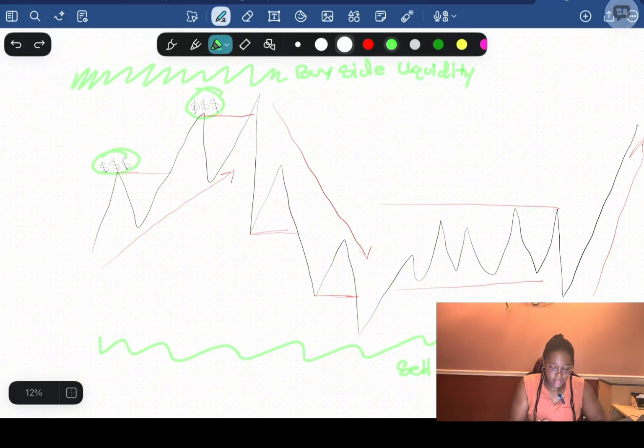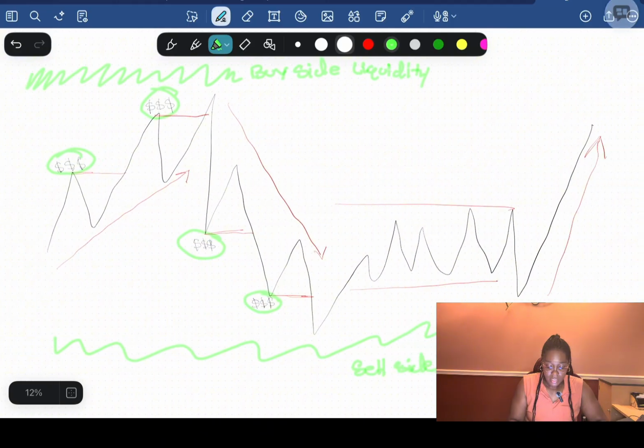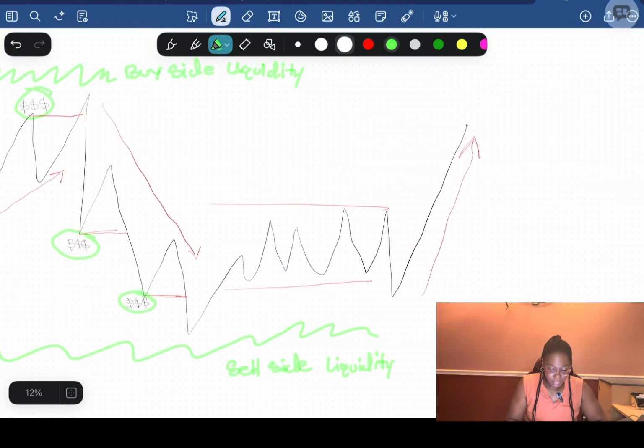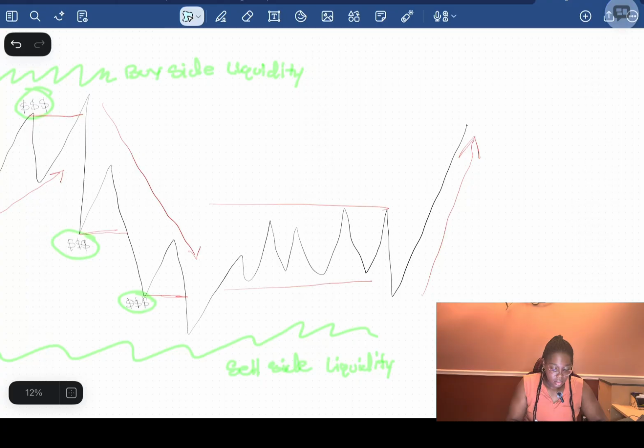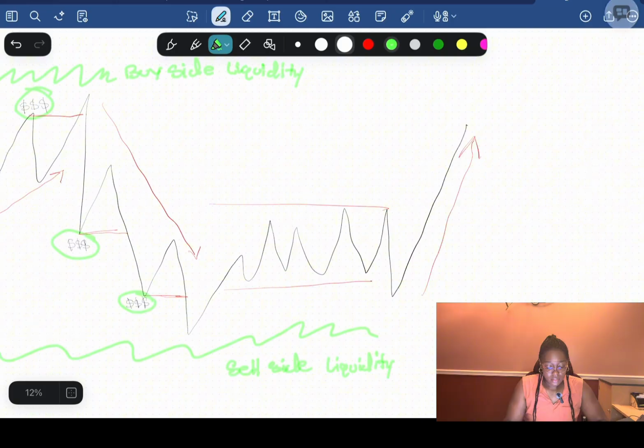So same thing on this side. We see price reaching here and price reaching here. So here and here, and it's taking out those levels. And then once we get over here, so we hit a low when all liquidity on the sell side has been taken out, and price might consolidate for a second if it's trying to generate more orders.